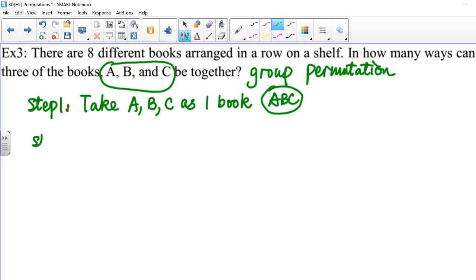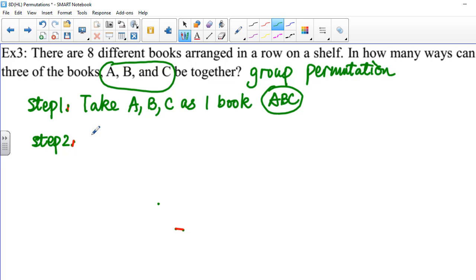Then step 2. The reason why I say steps in my analysis is, if you just take ABC as one book, the task is not done yet. I do have other things to do to finish the task. What is the entire task? I need to arrange all 8 different books with ABC together.